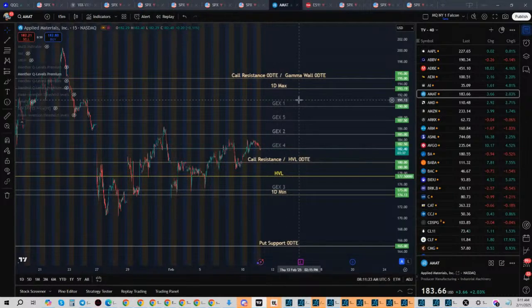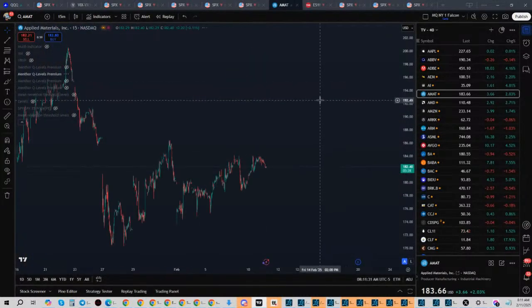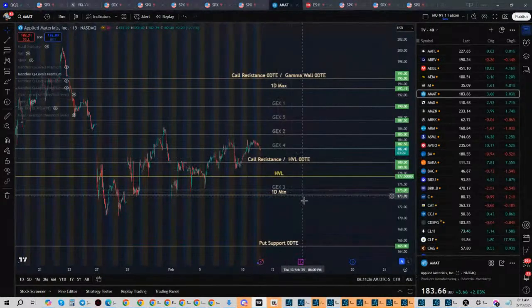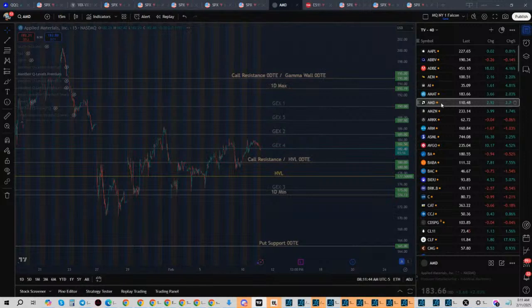Now the earnings are coming up. We don't really have a clear picture of where it might go. 195 is obviously the upside target, and the downside target is 175, and below, if that fails, 165. But that's earnings, and earnings vol is exaggerated.